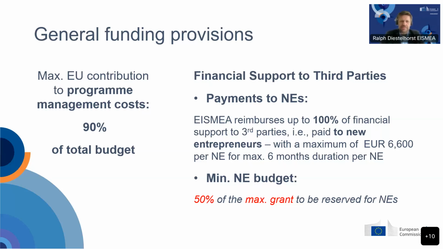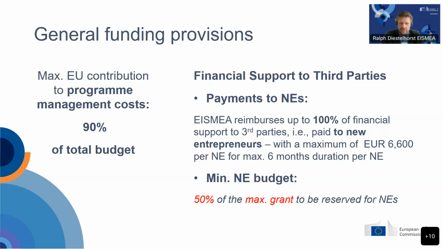And the next bullet, and we marked it here in red so that it alerts you, is that keep in mind that this should not be less than 50% of the grant you're requesting. Not of the total budget, but of the grant that you're requesting. If it's below, we'll have problems.